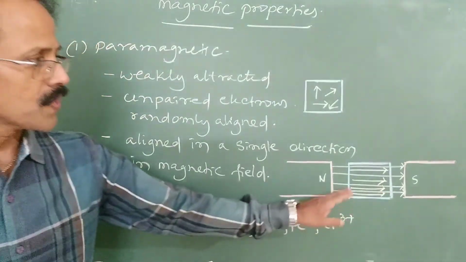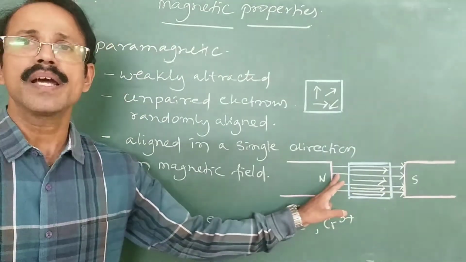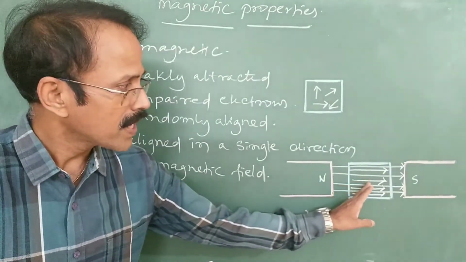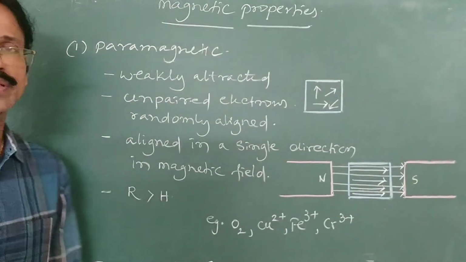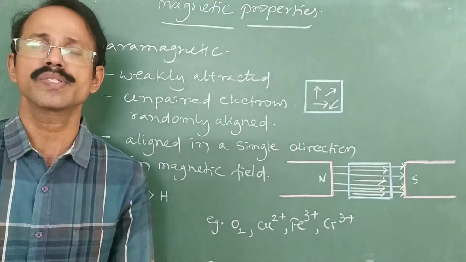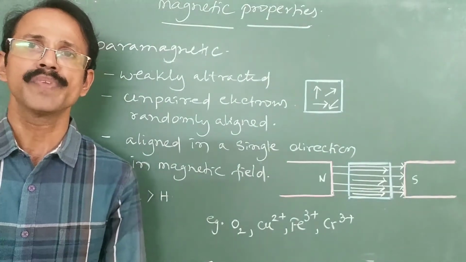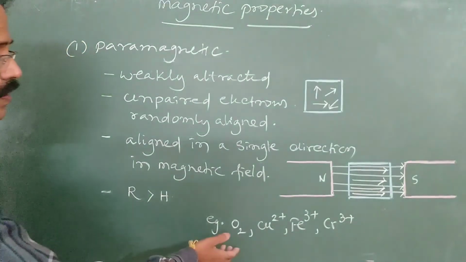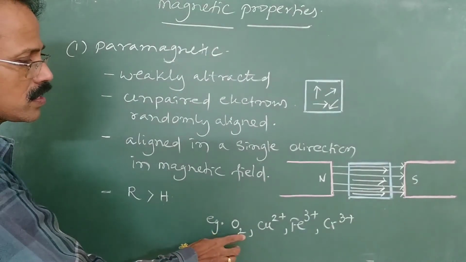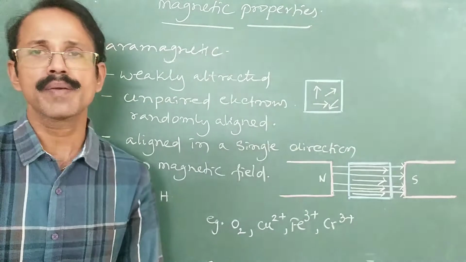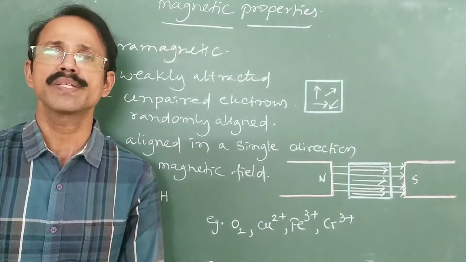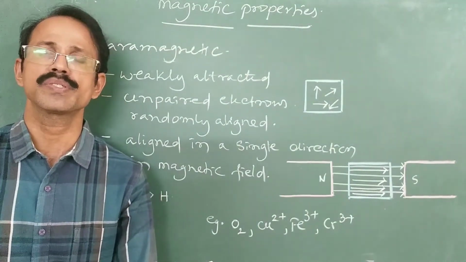Let us say the applied magnetic field as H and the resultant magnetic field as R, then R is greater than H. The resultant magnetic field is greater than applied magnetic field. Here the examples are oxygen, Cu+2, Fe+3 and Cr+3. These are some of the examples for paramagnetic substances.